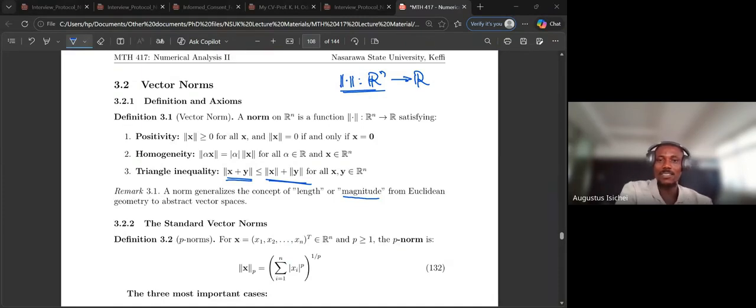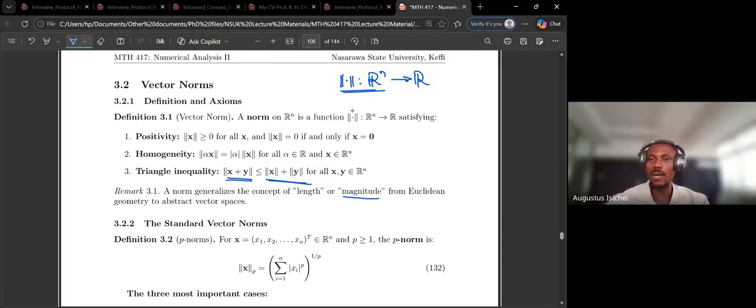In fact, right from secondary school, I just remembered, when you talk about vectors on R2, you have your plane, the Y axis and the X axis. If you have a vector that starts from the origin, let's call it vector A, and you're told to calculate the magnitude of vector A, how do you calculate the magnitude?